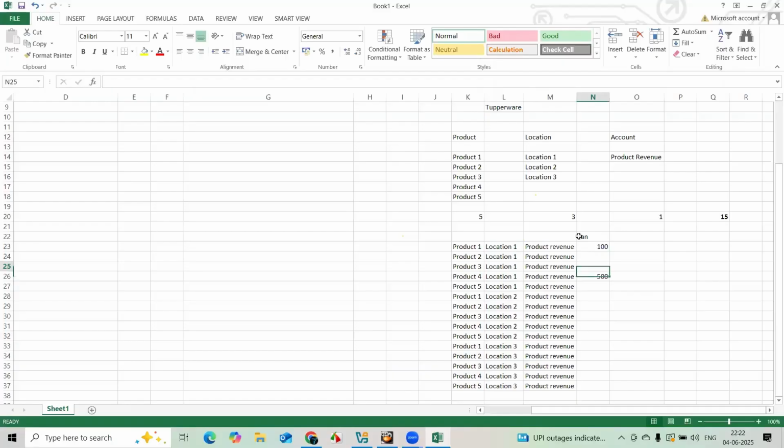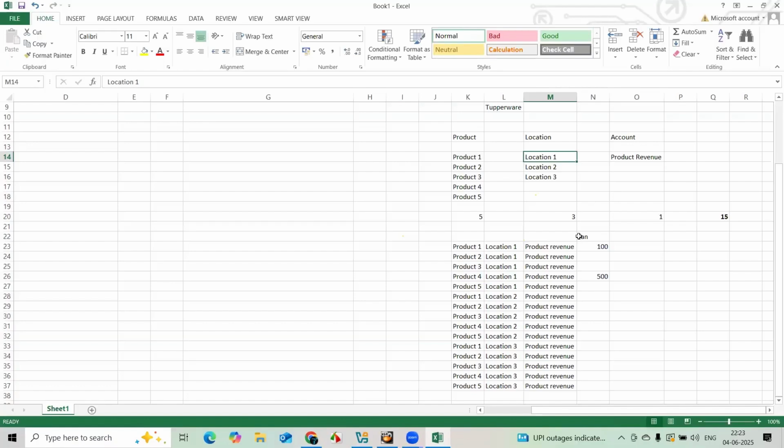So there can be many other things, right? It's not that only products can be there. Of course, there will be not only locations, but there can also be other criteria like regions. So let us consider location 1 is Hyderabad. Within Hyderabad, there are many areas, many regions like Himayatnagar, Ashok Nagar, and so on.